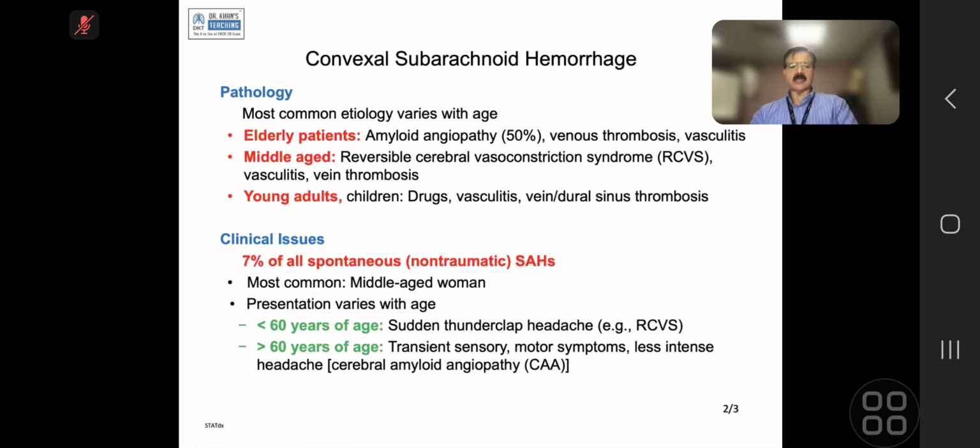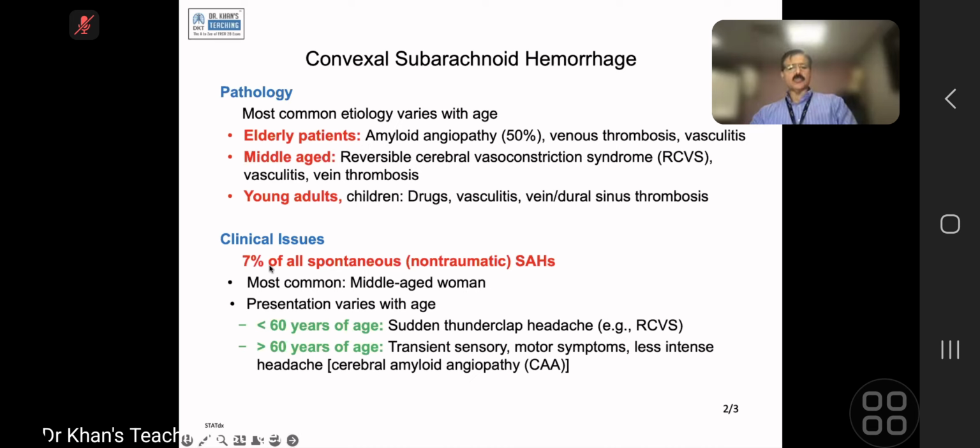Basically, just remember it like this: any condition which can involve the vessels, the small vessels, may it be veins or small arteries, they can leak and they can cause subarachnoid hemorrhage. So this etiology is very important for you to remember.